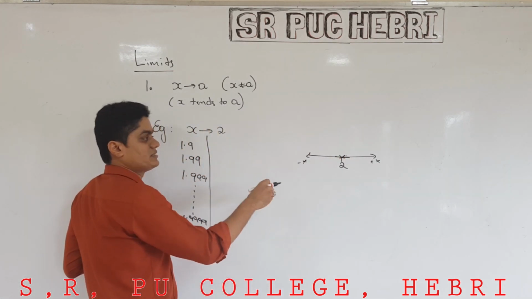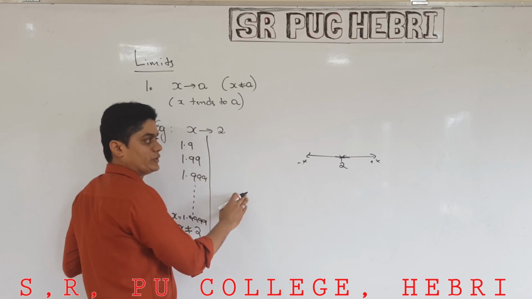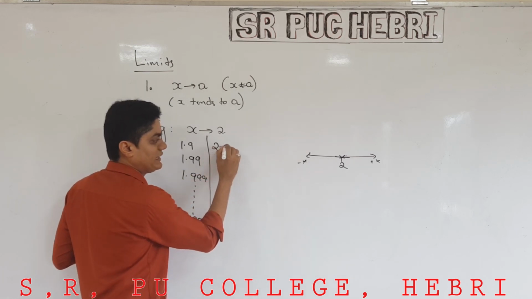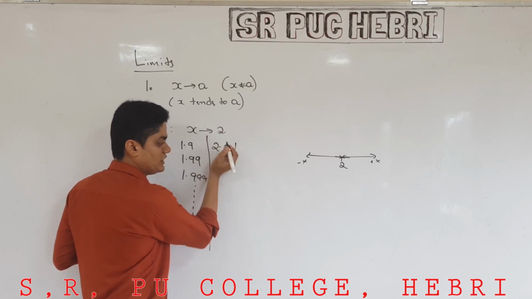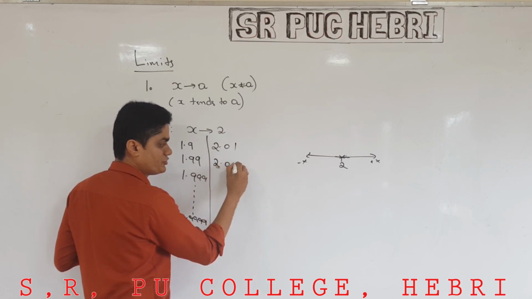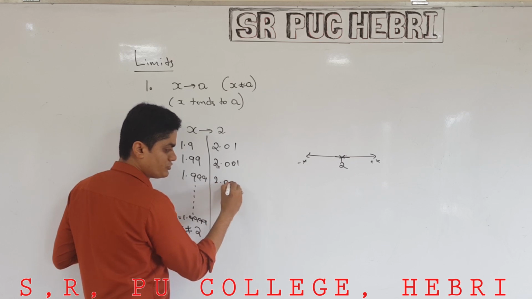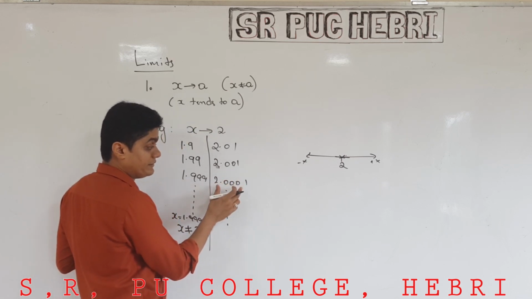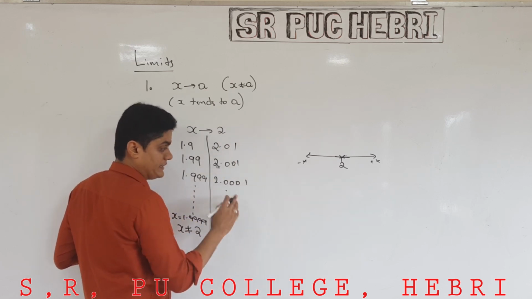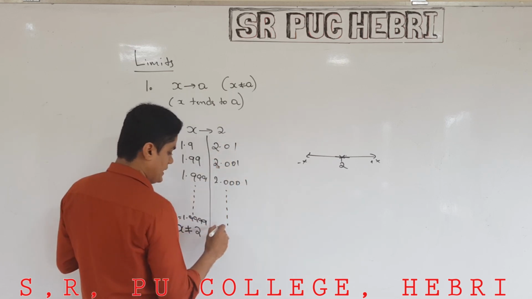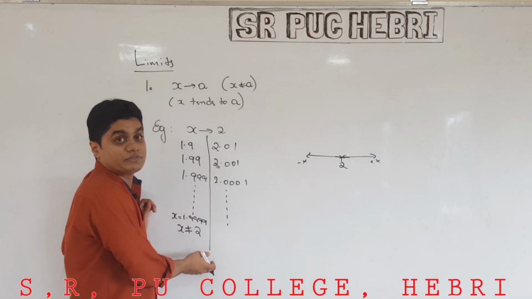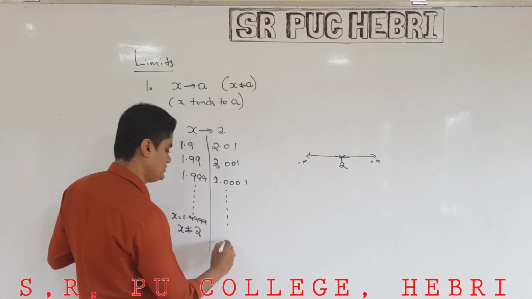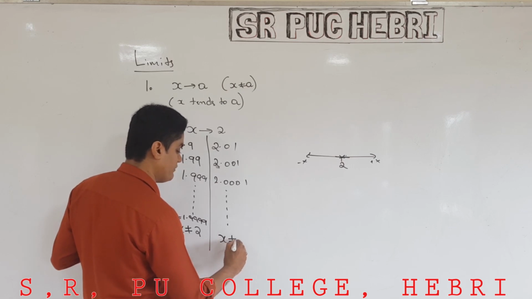Suppose x takes values near 2 from the right hand side; the possible values are like this: 2.01, 2.001, and so on. I am repeating, these values should be near to 2. Remember that, it cannot be 1 or 0 like that. How many values will it take? Infinitely many values. Even after taking infinitely many values, at any stage, it is never equal to 2.